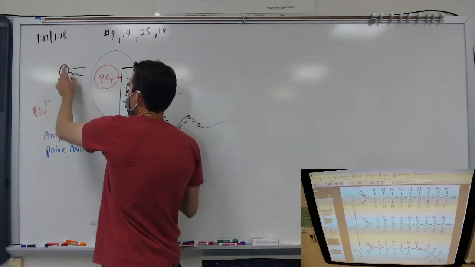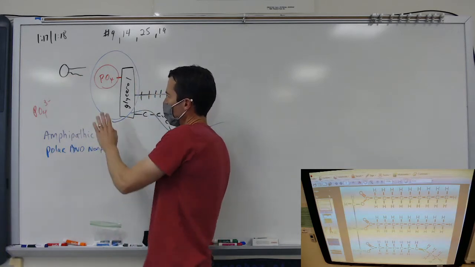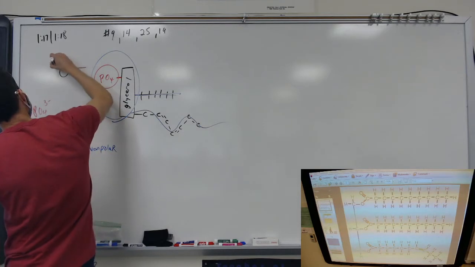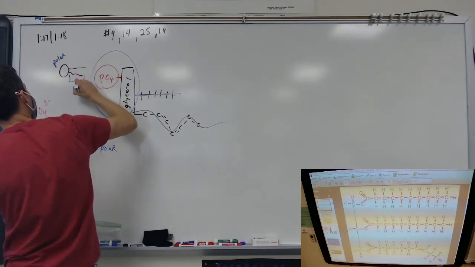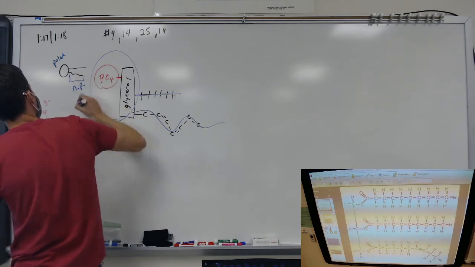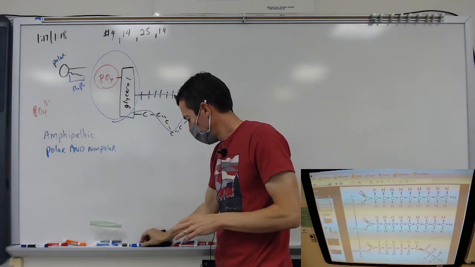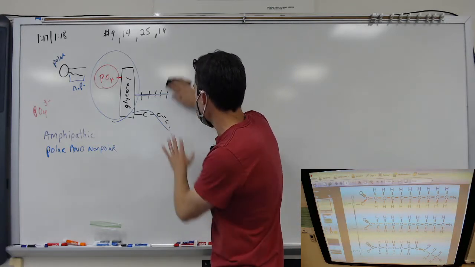The round part is representing the phosphate, and those represent the lipid tails. So which part is polar, the round part or the tail part? The round part, polar. The tail part, nonpolar, yeah. Okay. So now, I'm going to erase just this part.